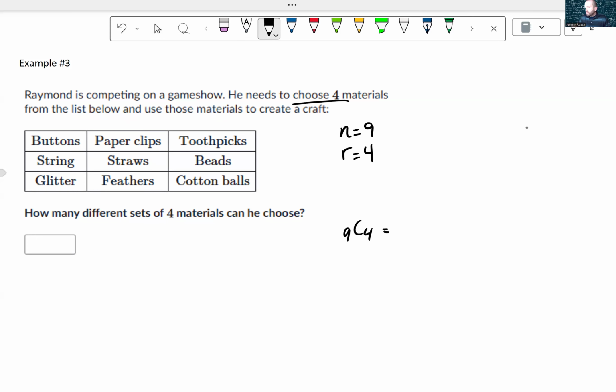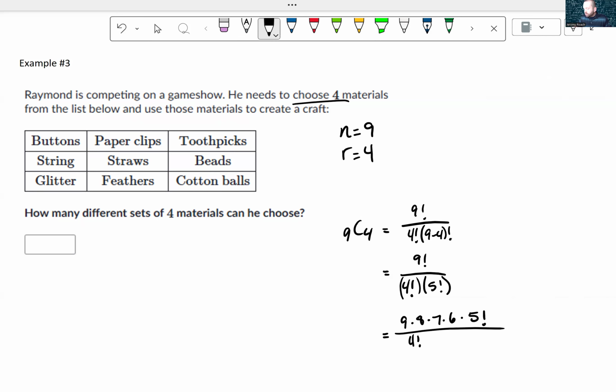And this is going to be 9 factorial over 4 factorial times 9 minus 4 factorial. It's 9 factorial over 4 factorial times 5 factorial. 9 times 8 times 7 times 6 times 5 factorial over 4 factorial times 5 factorial. Cross those out.